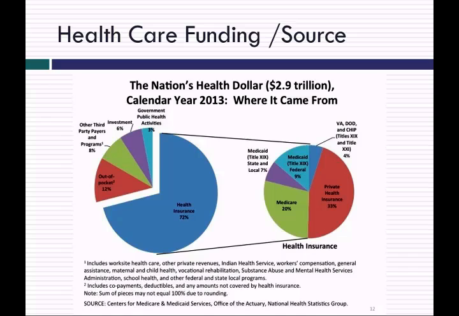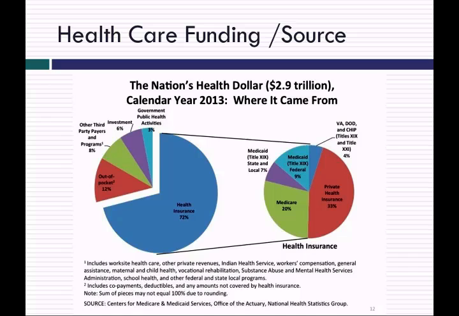And of the healthcare expenses, 72% are paid for by insurance, 12% come from out-of-pocket, 8% come from other third-party payers and programs, 6% might come from investments like a health savings account, and 3% might come from government or public health activities. If we look at that 72% of health insurance, the breakdown is indicated on the right.